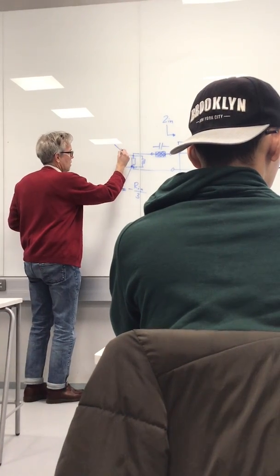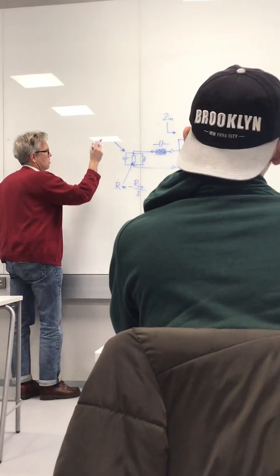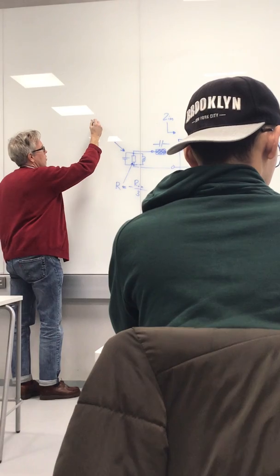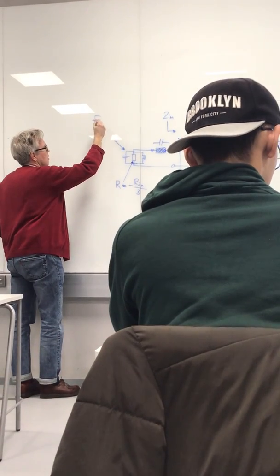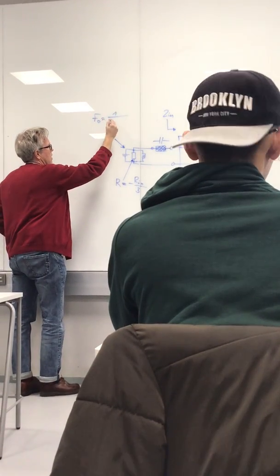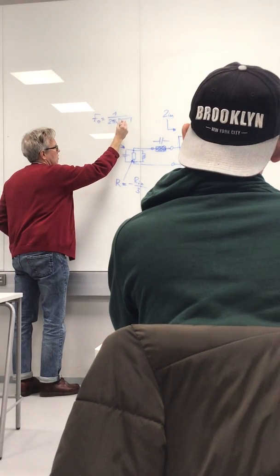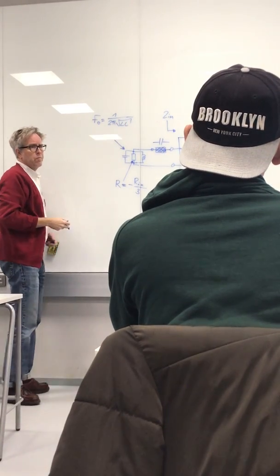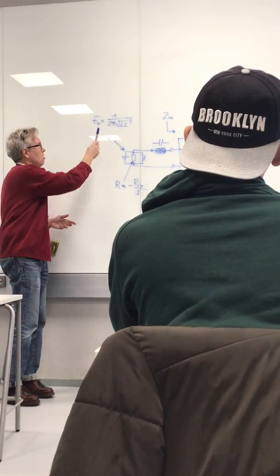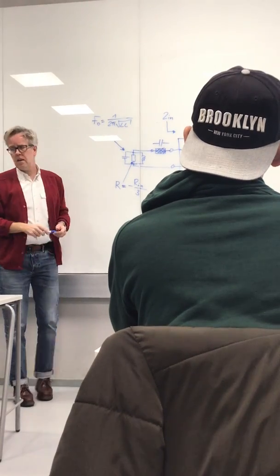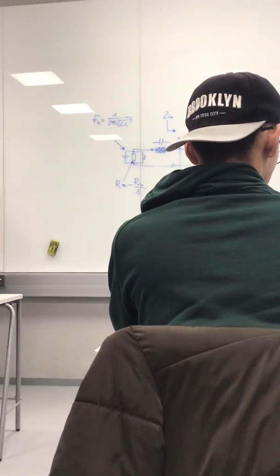Then when you calculate the rest, you only have to select C and L values in a way that this here is fulfilled. This is your center frequency. You select either L or C and calculate the other one.